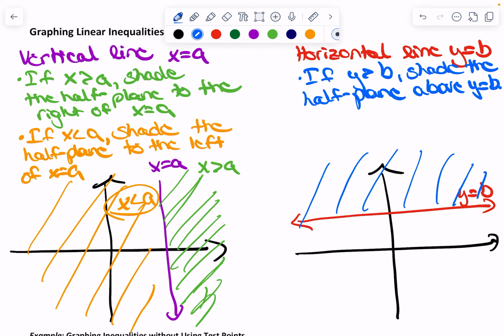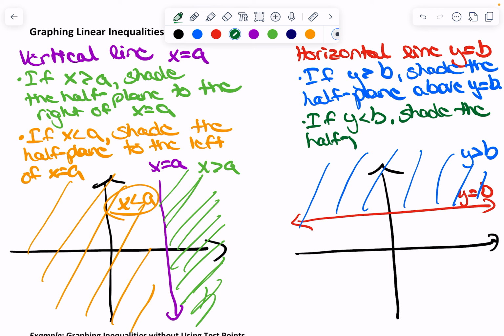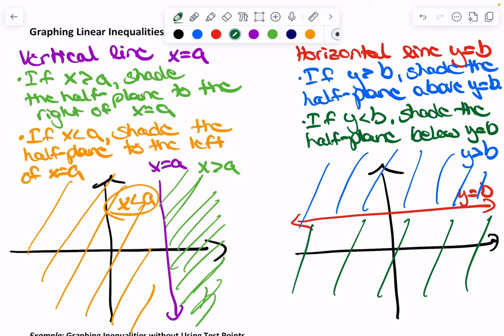So this is y is greater than b. If y is less than b, shade the half plane below y equals b, right here.